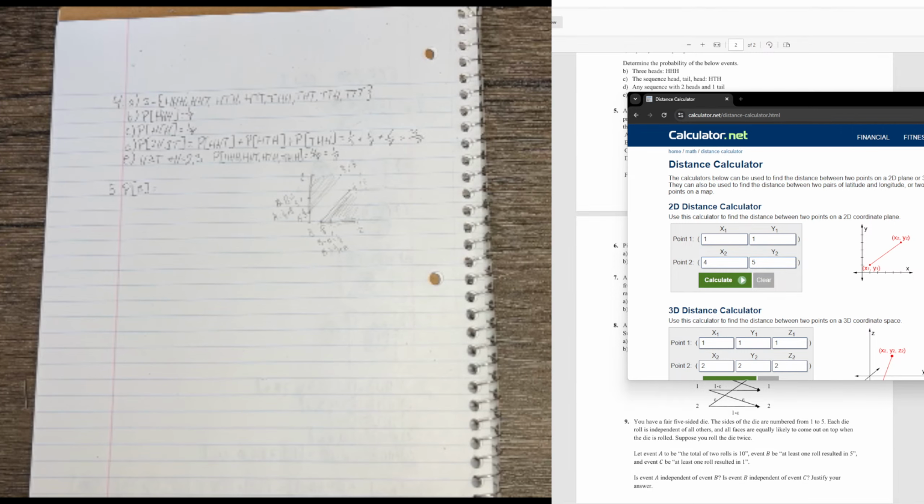The calculator is not being captured, which is fine. It's just a bit annoying.